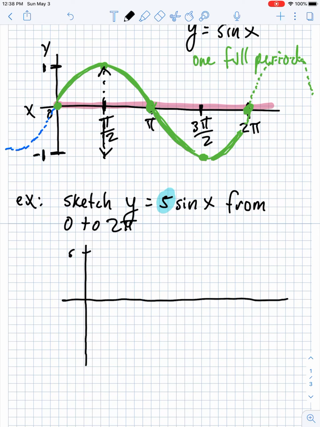So here, this will be +5, and this is -5. This is still 0, the x-axis, the y-axis. And then we're going to go pi over 2, pi, 3 pi over 2, 2 pi.